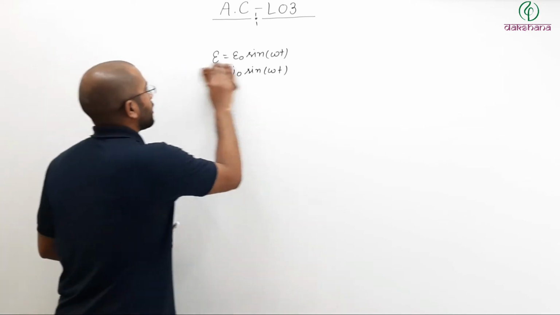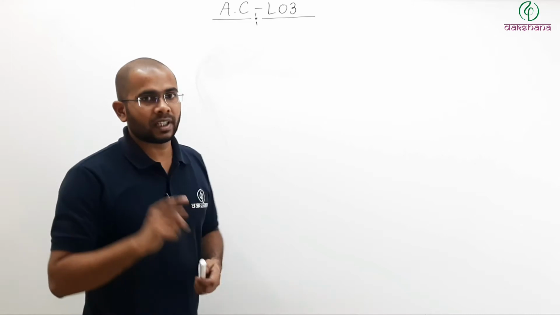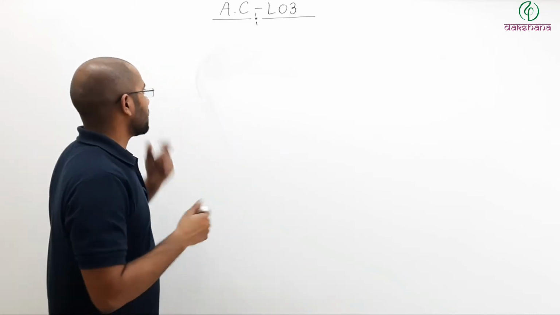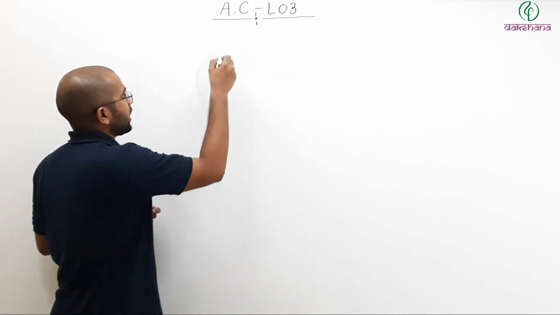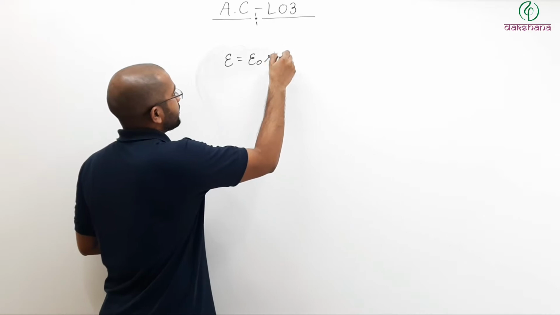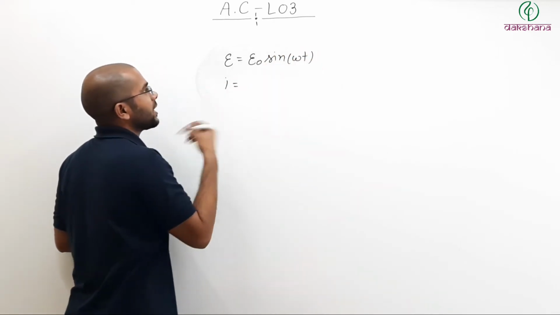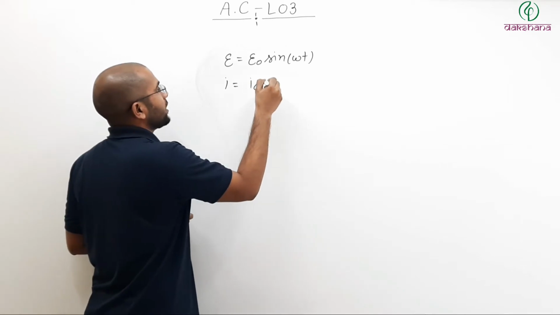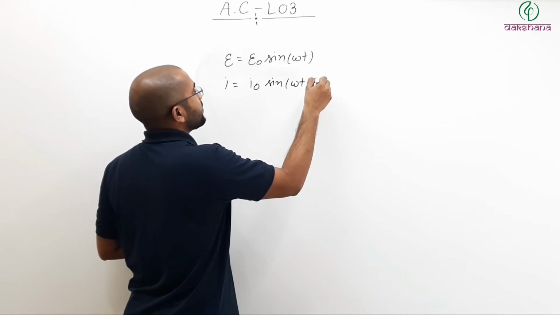We have also talked about a purely capacitive circuit. What is a purely capacitive circuit? In a purely capacitive circuit, there is only a capacitor, nothing else. There, if I write EMF E is equal to E naught sine omega t, then current may be written as I naught sine of omega t plus pi by 2.